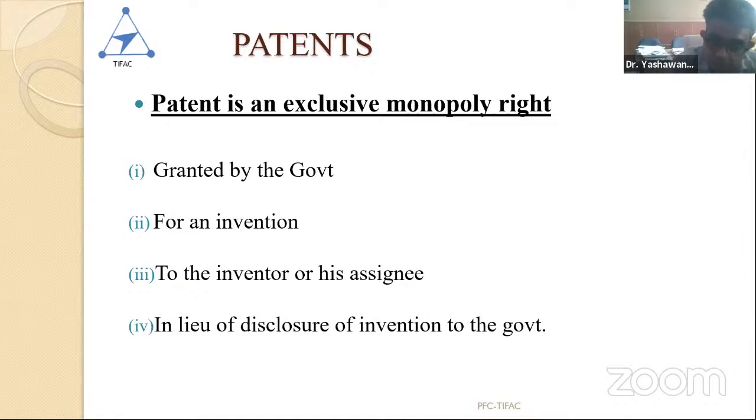And in exchange for the disclosure which you make to the government, the complete technical detail, that detail should be sufficiently complete. So we say art and craft, and between the art and the craft, the completeness has to be there.